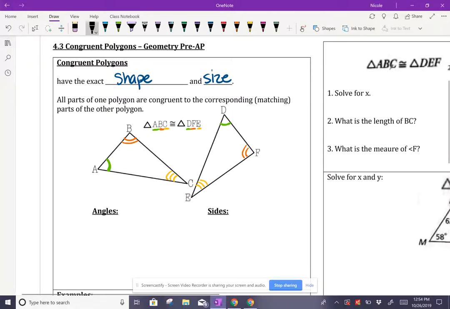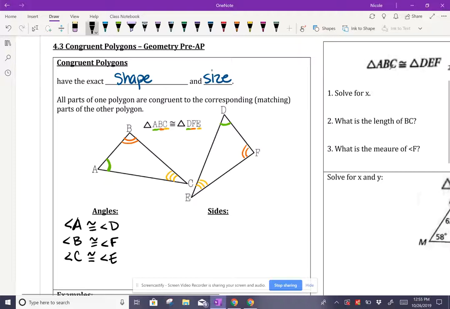So we can say angle A is congruent to angle D, angle B is congruent to angle F, and angle C is congruent to angle E.